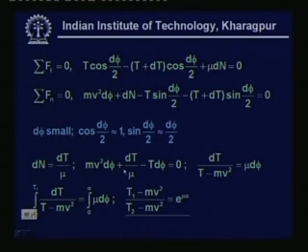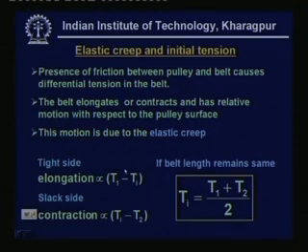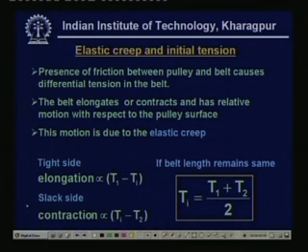Now, next we go to the situation. This equation we have already done, and this one, the elastic creep and initial tension. Let us understand what this is. The presence of friction between pulley and the belt causes a differential tension in the belt, that you have just seen.